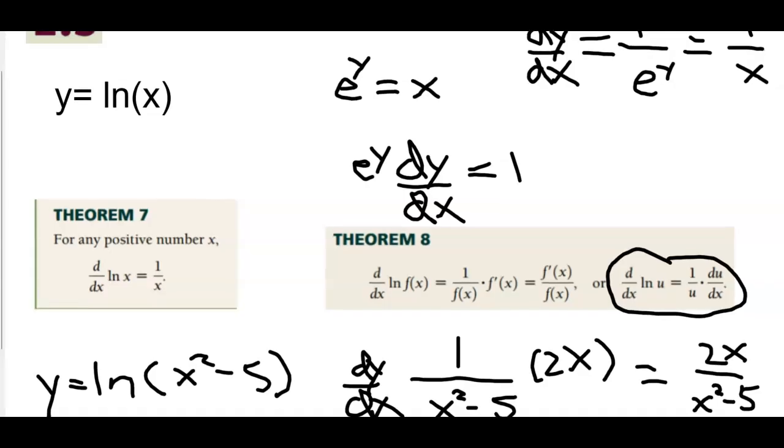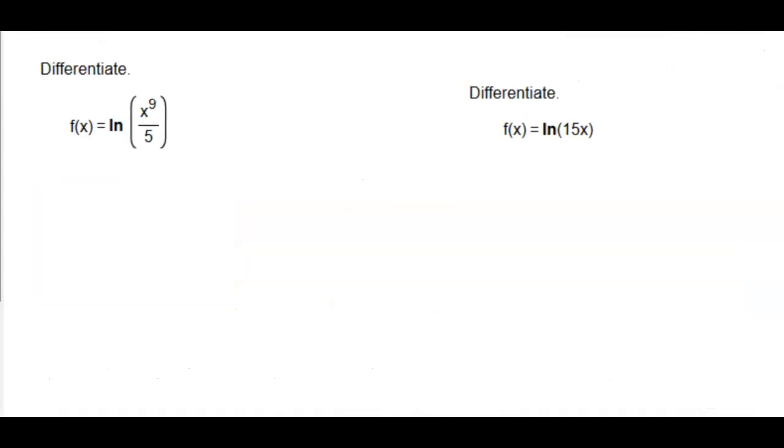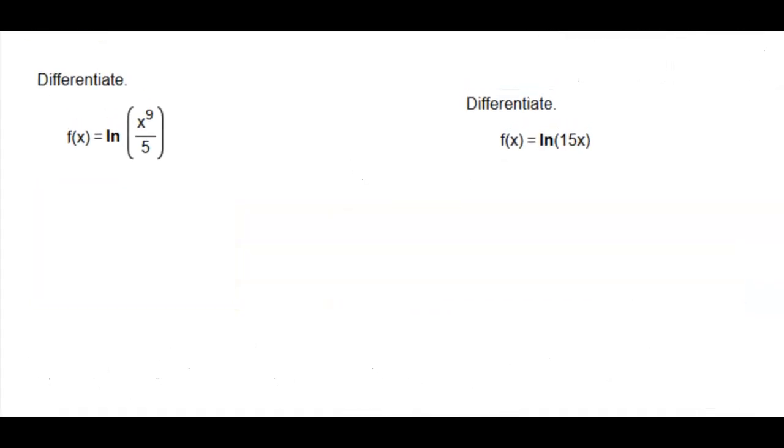So what we ultimately did to get the derivative was take the reciprocal of whatever was inside the parentheses, the argument of the natural log. We put it under 1, which is the same as taking the reciprocal. I could do that right away for this one. If I want to find the derivative, the reciprocal of x to the 9 over 5 is 5 over x to the 9.